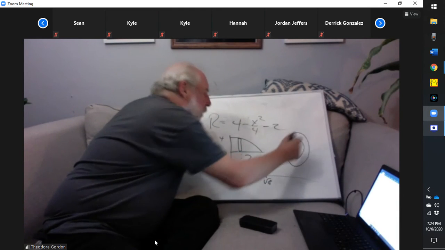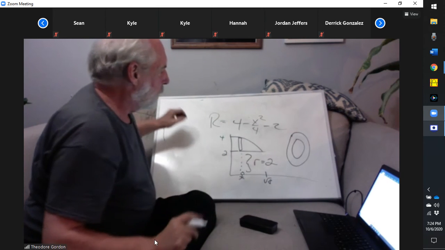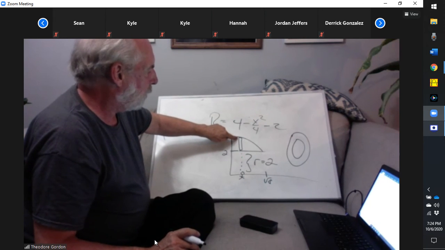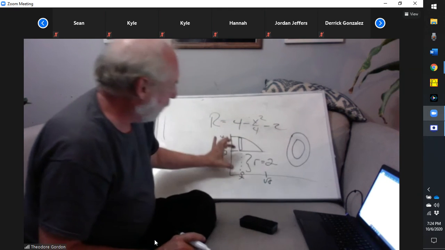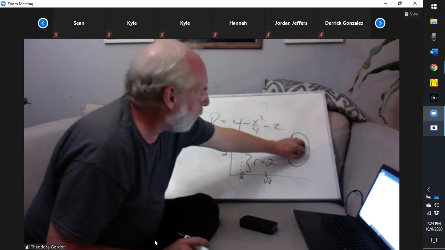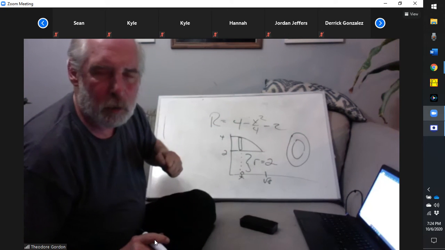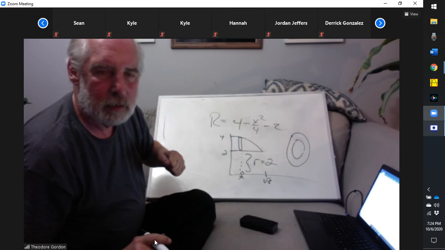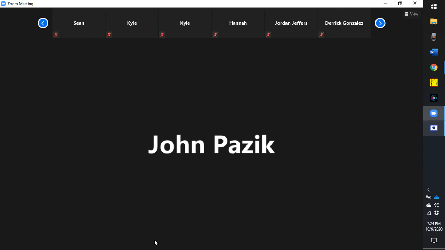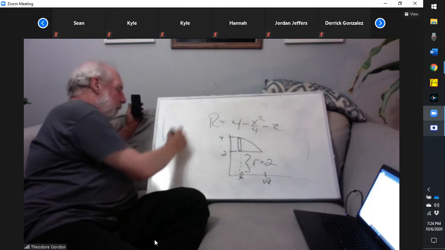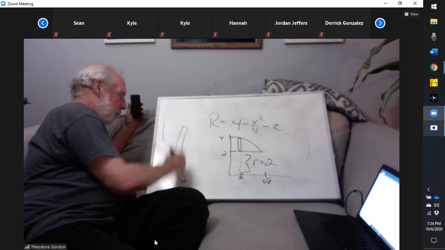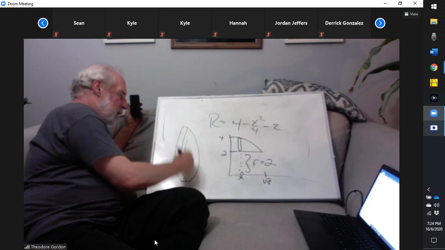We have a washer, right? The outside of the washer is the top of the rectangle. The inside of the washer is this hole, so we have to subtract it out of the disc to have a hole. Wait a minute, I think I see what you're getting at. So if we have this washer, let me draw it this way.